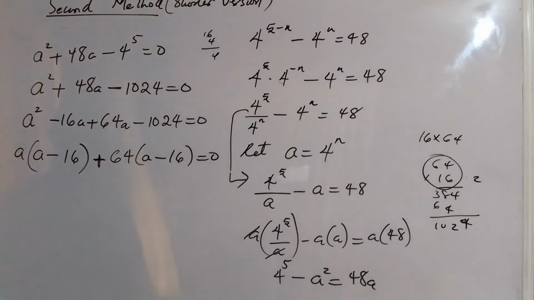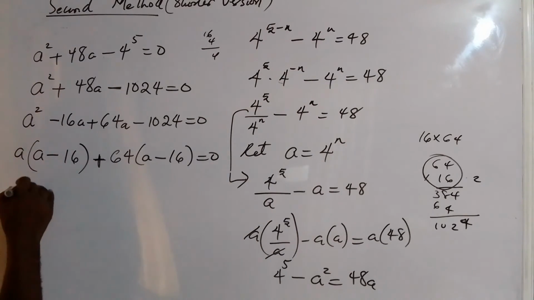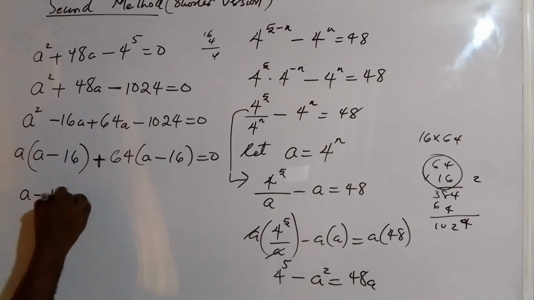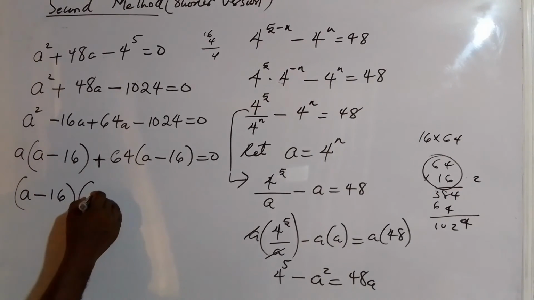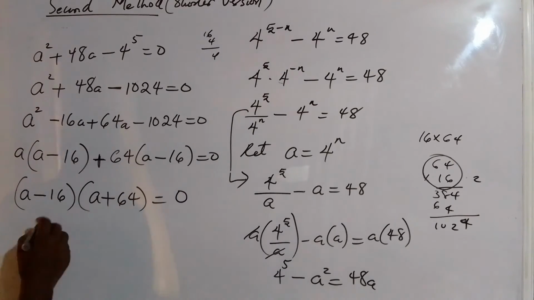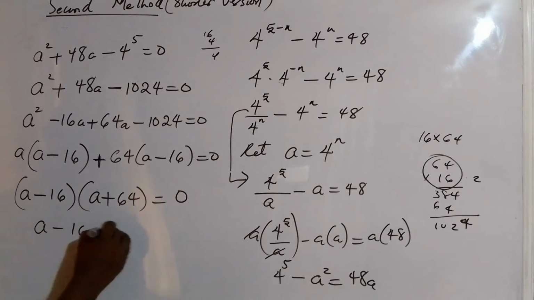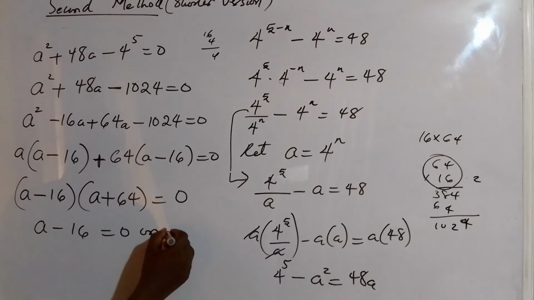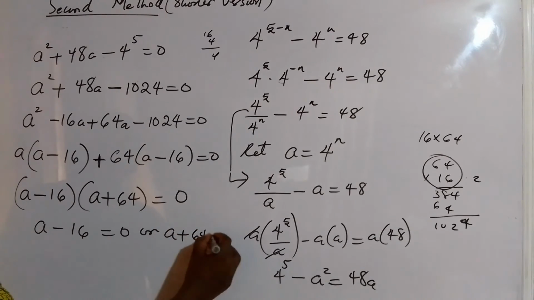So we have a minus 16 times a plus 64 equal to 0. So we have a minus 16 equal to 0, or a plus 64 equal to 0.